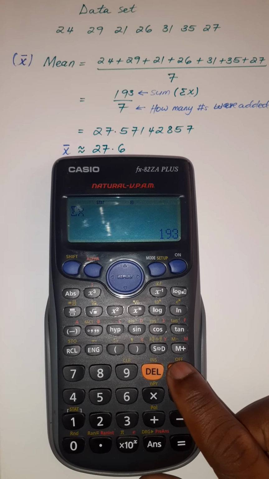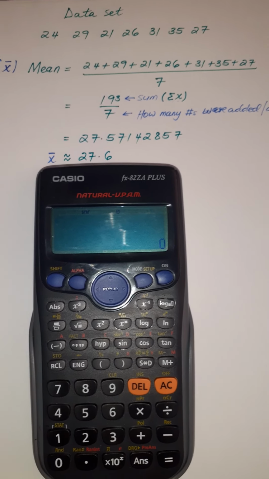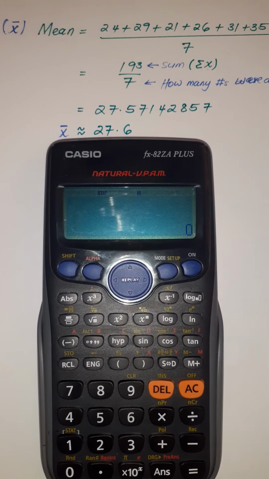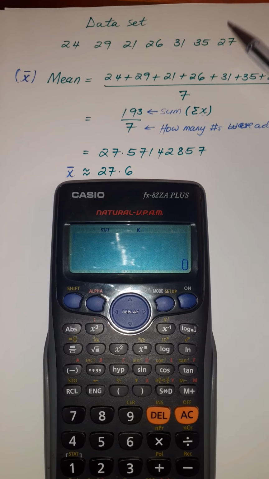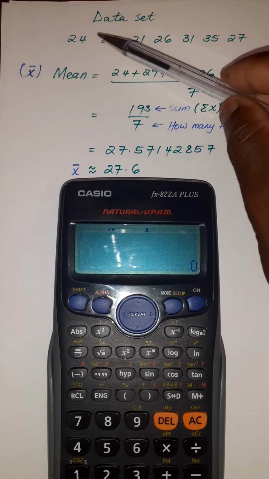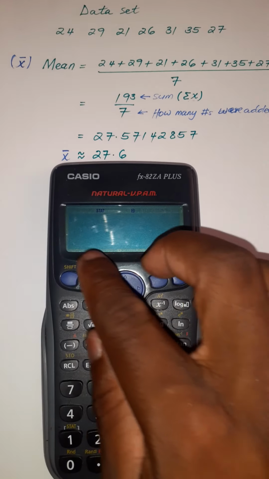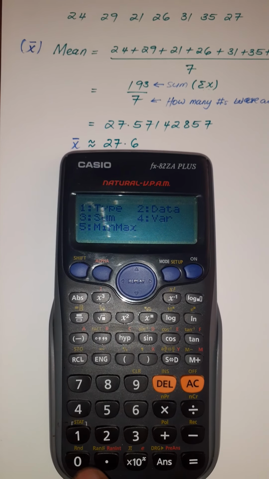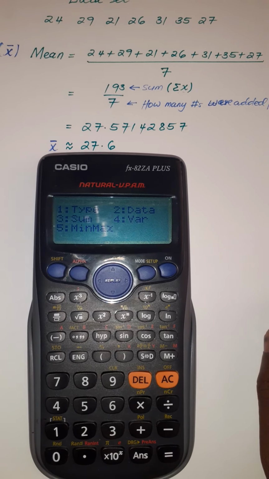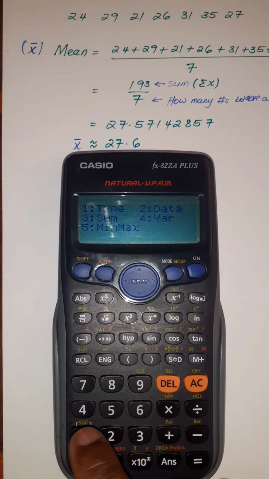What we can also do, if you cannot count how many numbers we have here, the calculator will tell you how many numbers we put in. We still press shift or second function and then 1. Now to see how many numbers we put in, we press option 4.